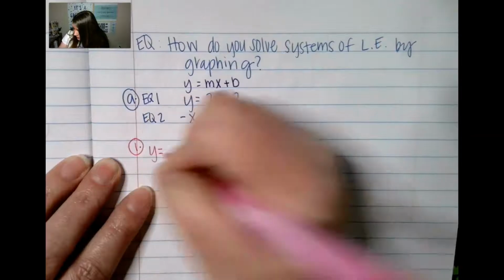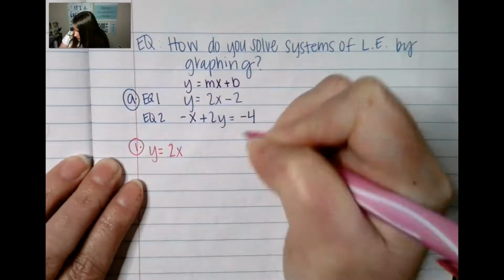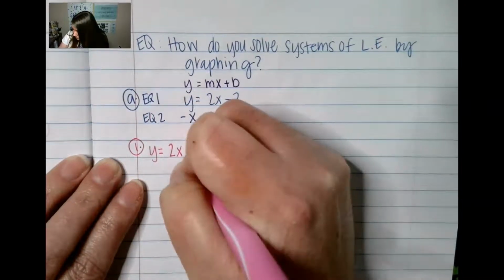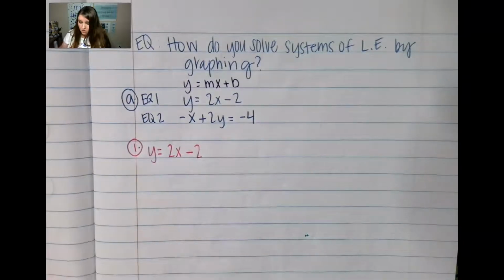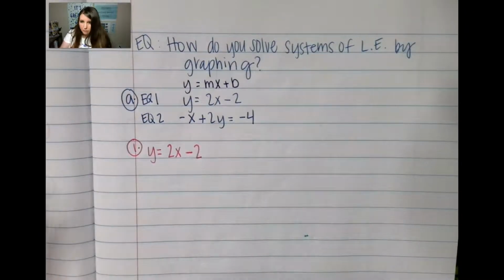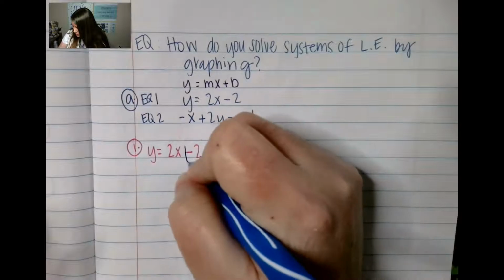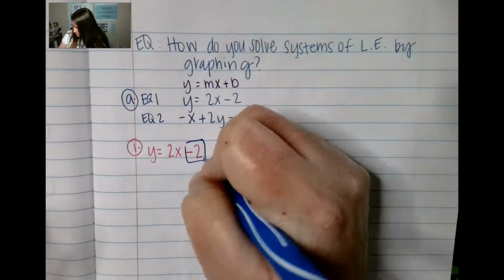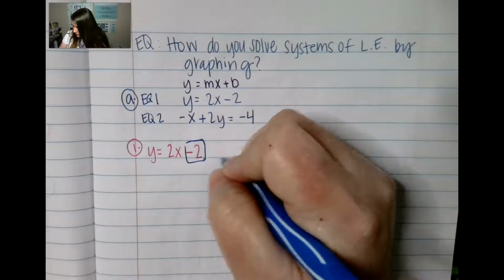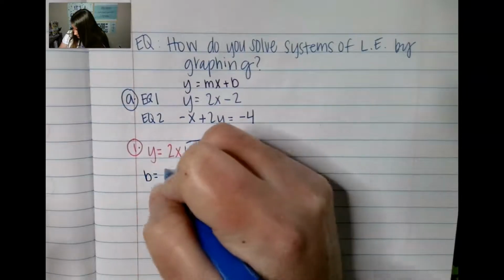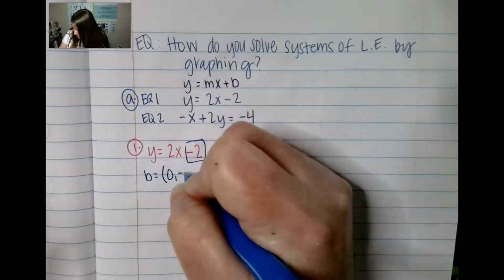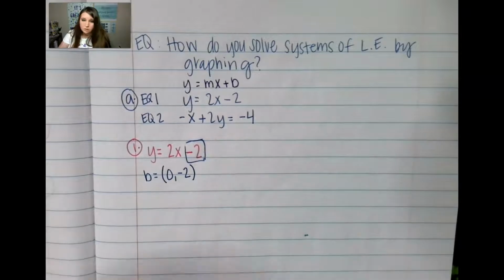And we will look at equation 1 and identify some things. So we have y equals 2x minus 2. All right, so we have the y-intercept, which is right here. So we know that this point is going to be at 0, negative 2.